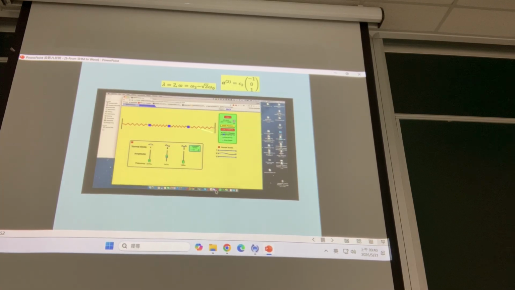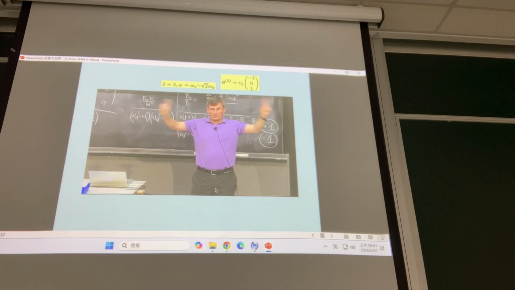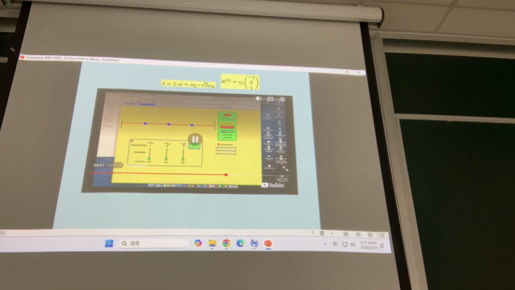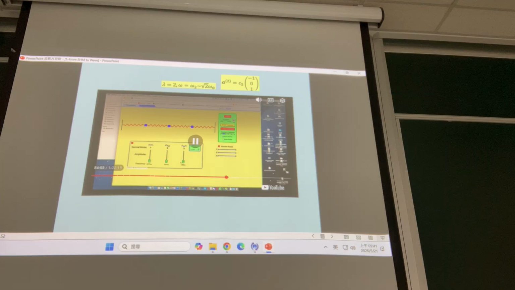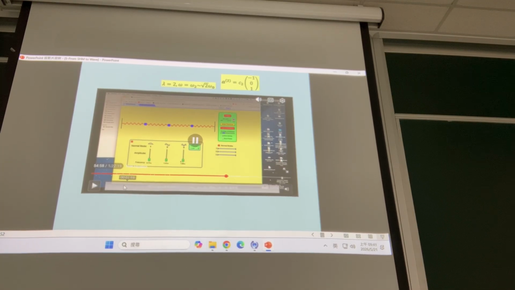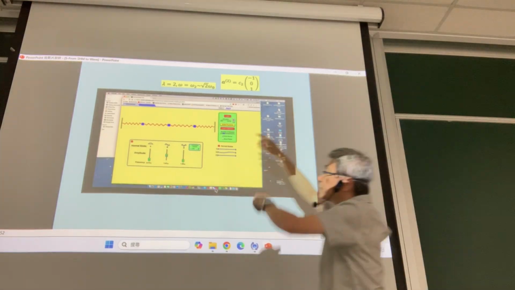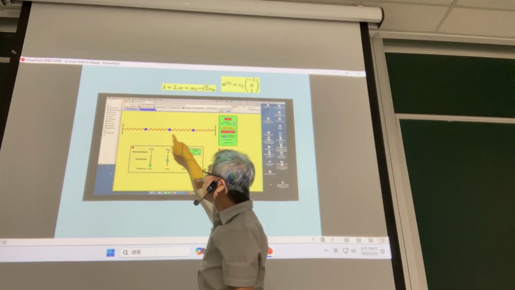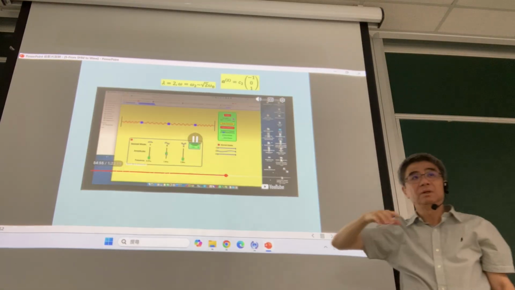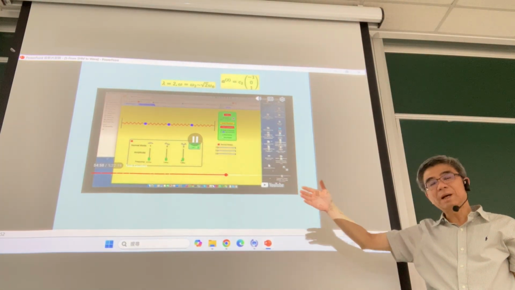The middle one doesn't oscillate, but the other two are oscillating, and the ratio between them is -1, 0, 1. So the first particle is oscillating opposite to the third particle, while the second particle doesn't move. It reflects the fact that I told you x1 to x2 to x3 is equal to -1, 0, 1.